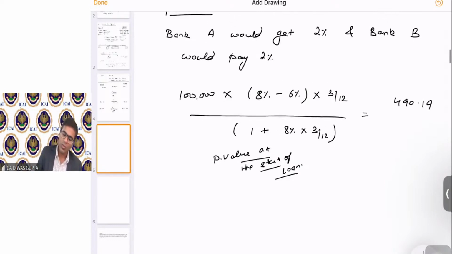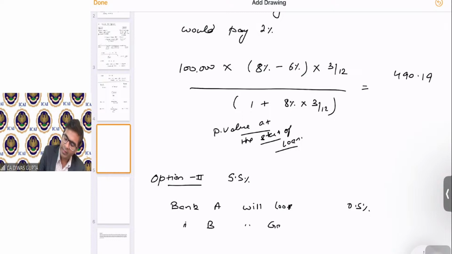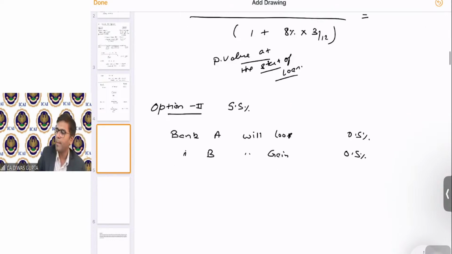Now on case 2, or let's say the option 2, where we are saying that it is 5.5%. Here bank A will lose 0.5% and bank B will gain 0.5% students.